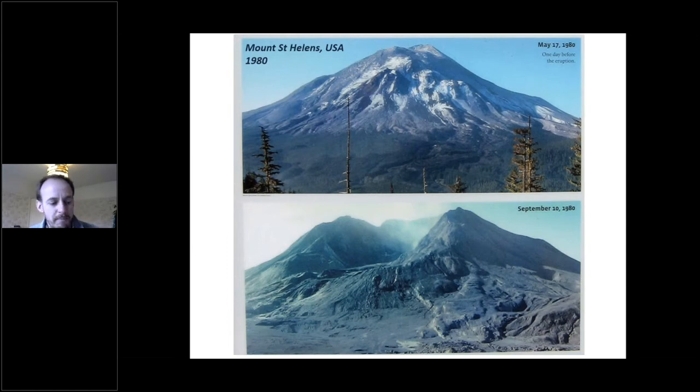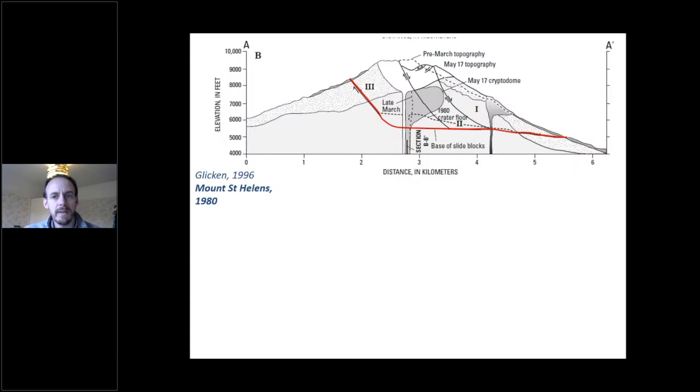In this particular example, we can see that Mount St. Helens has lost a lot of height, and the products of this collapse have been distributed over distances of many tens of kilometers away from the volcano in an instantaneous event. So these are major geological processes that reshape volcanic landforms, and this occurs on island settings as well as on subaerial volcanoes.